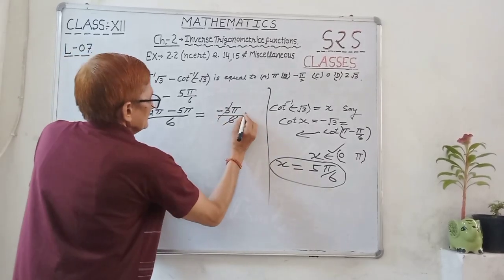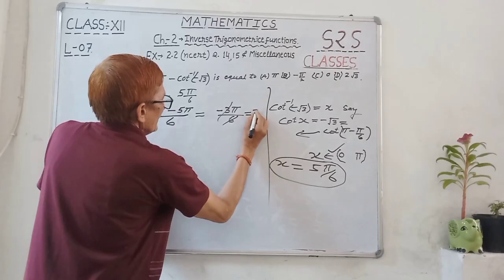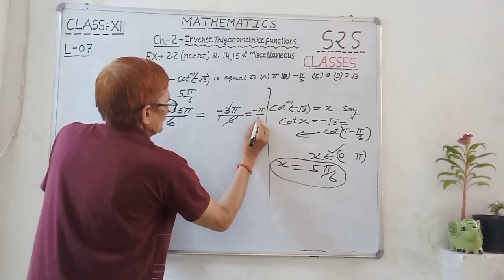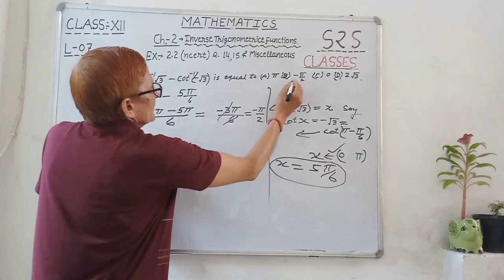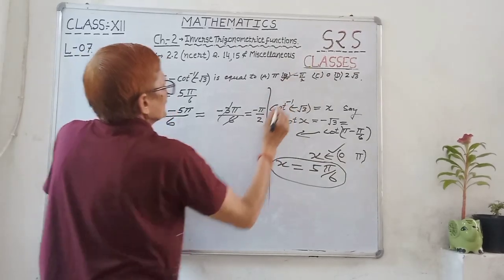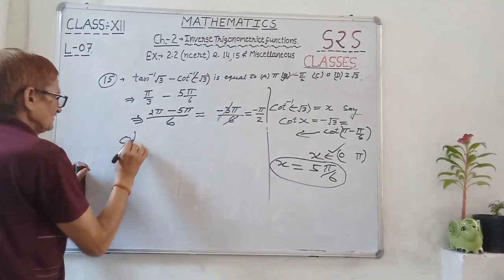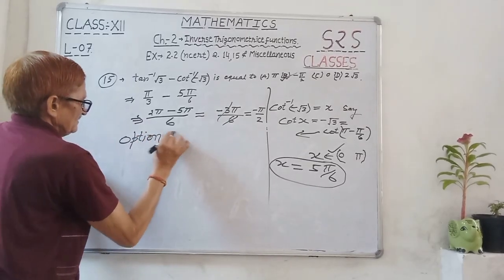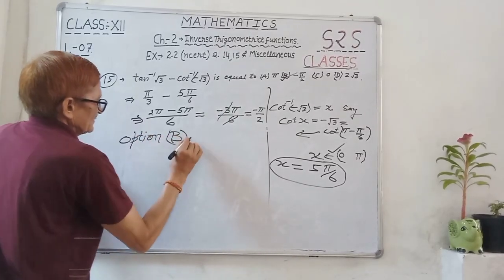Simplifying, it is minus pi by 2. So which option? Option B is correct.